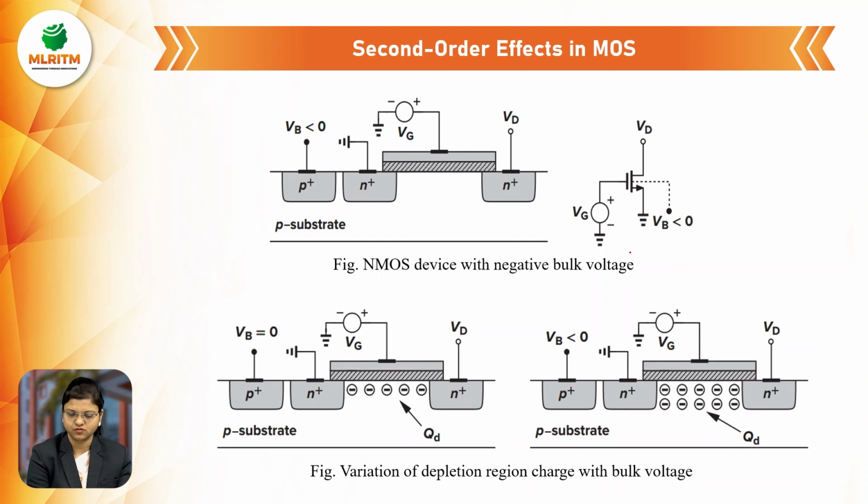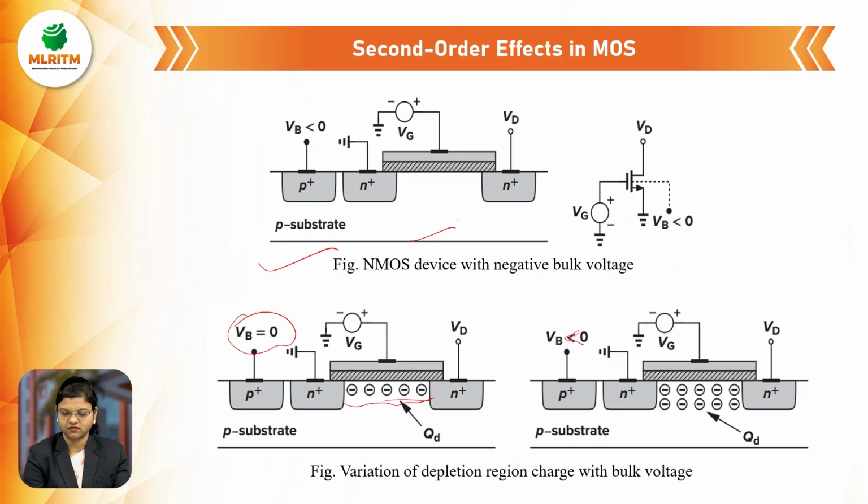In the first case, we have applied a negative bulk voltage, and here there is no change. If we apply 0 to the gate voltage, you can see that a depletion region forms.